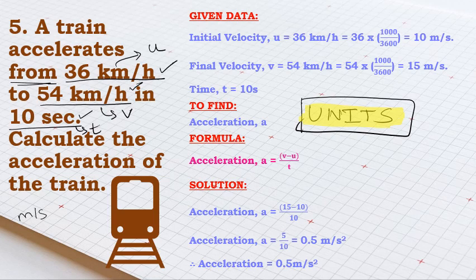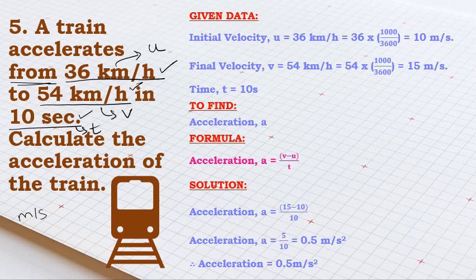So kilometer per hour has to be converted. When you convert kilometer per hour into meter per second, you can multiply it by 5 by 18, or you can do it like this, 36 into 1000 by 3600.